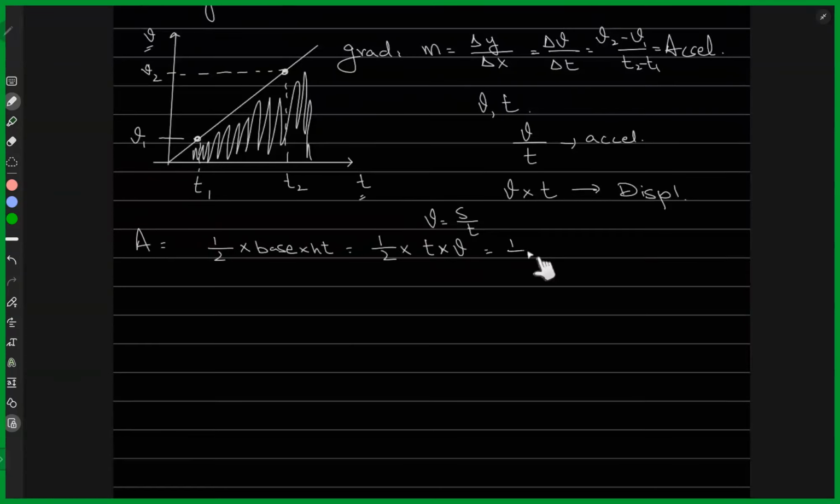So this is half v times t. So v times t is displacement. So you can see that the area is giving you the displacement. This half is also included. It is a multiple of velocity. So this is your displacement. Okay, so is that clear?